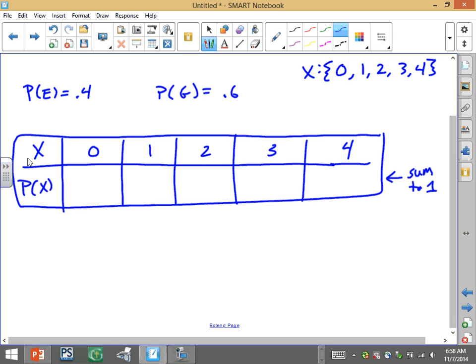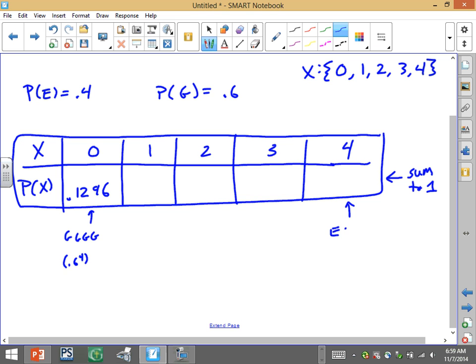If 0 people pick electric, that would mean that we get 4 gas customers. So gas, gas, gas, gas, which would be 0.6 to the 4th. So this first number, 0.1296. The next easiest one to get, I still think, is the other side of the chart. What's the probability we get 4 people that prefer electrics?